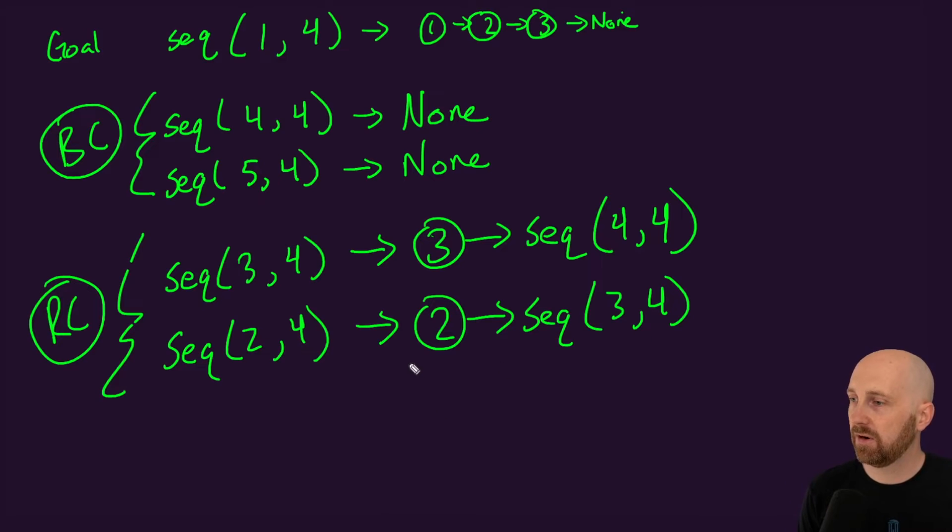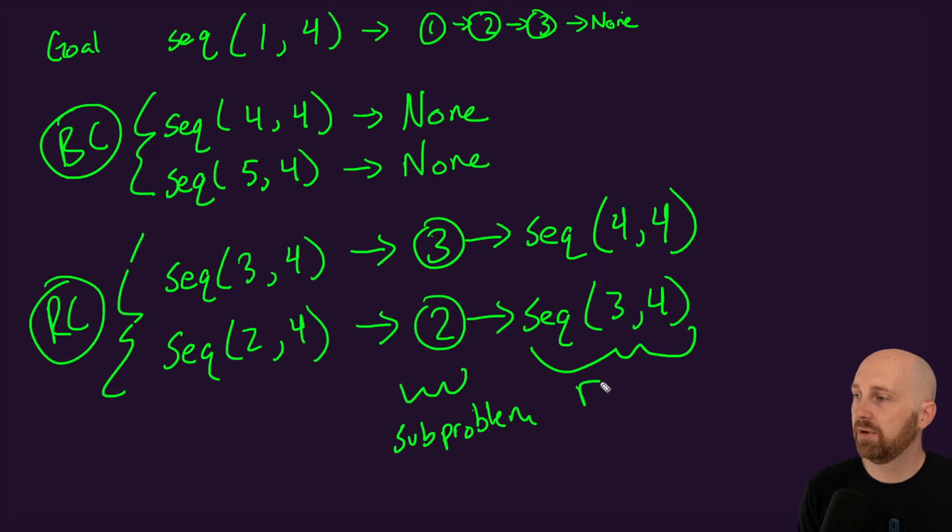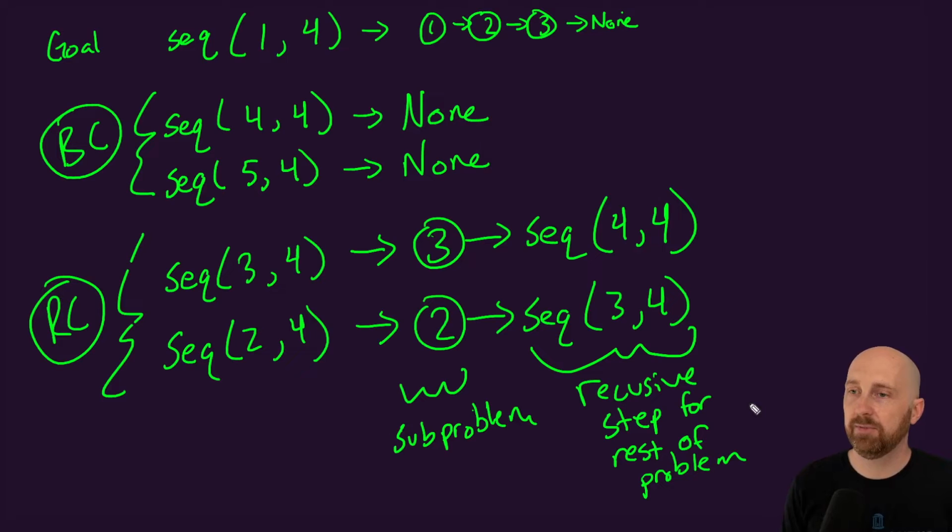All right, so this was our subproblem. And this is our recursive step for the rest of the problem. Right? And this is going to be a general technique that we can apply in many different places.